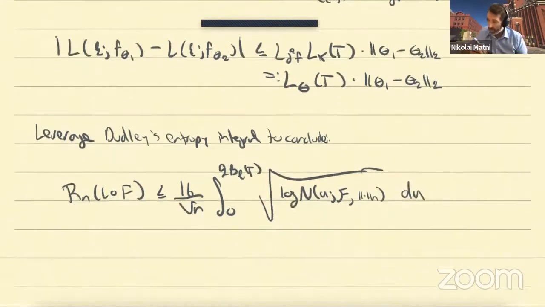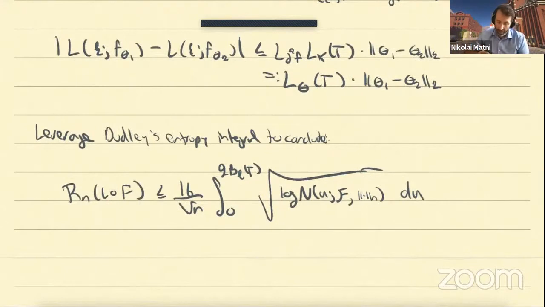The first thing we can do to make this easier is replace this upper bound with infinity. That's clearly going to be an upper bound as well.